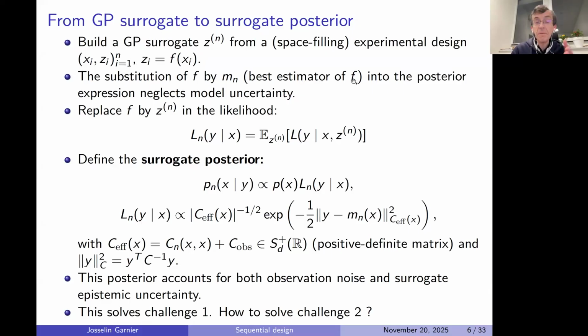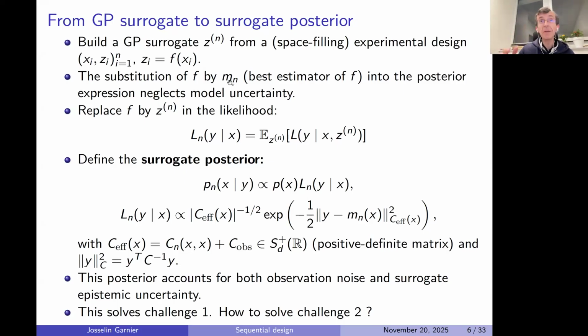And the best estimator of f, in the case of a Gaussian process, is simply mn, the mean given the observation, the dataset. So you shouldn't do that unless you have an excellent surrogate model, that is to say, unless you have a very large data set, because you completely neglect the fact that mn is just an approximate model for f, and you can really screw up your posterior distribution, pn, by a direct substitution of f by mn.